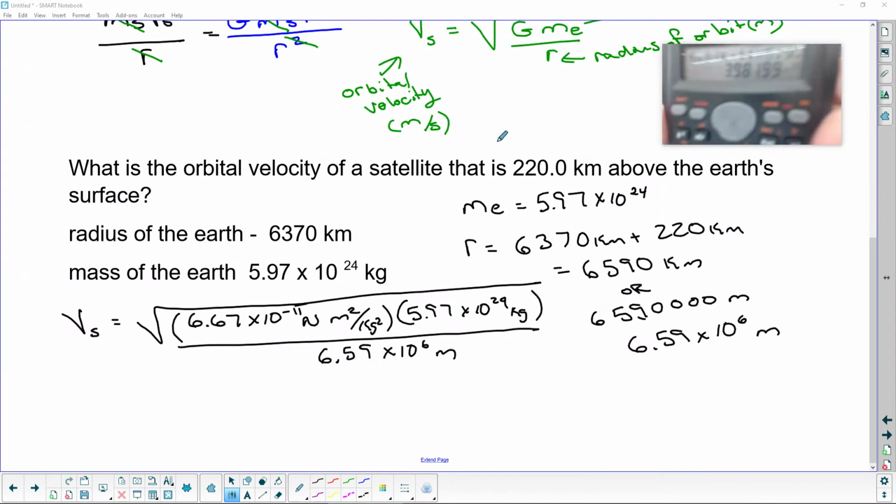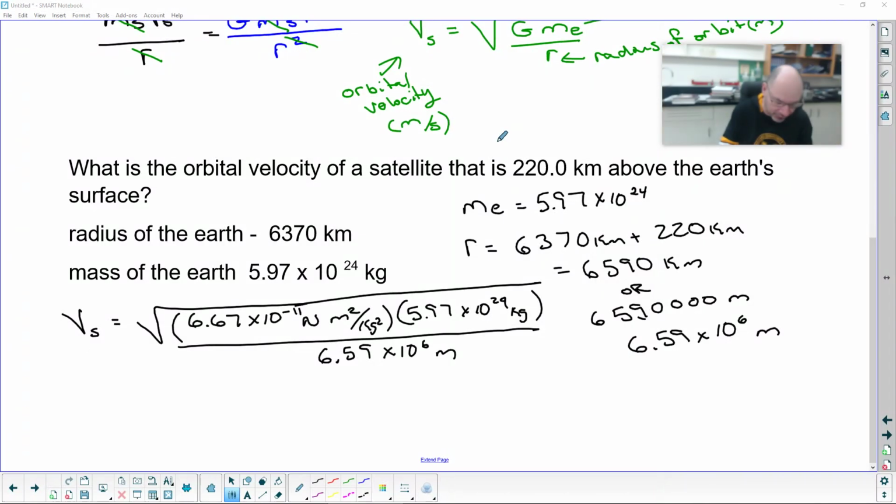So that's my top value. I'm not going to round off till the end. Then I'm going to divide by 6.59 times 10 to the 6th, equals. I get a really big number, and then I'm going to square root it.